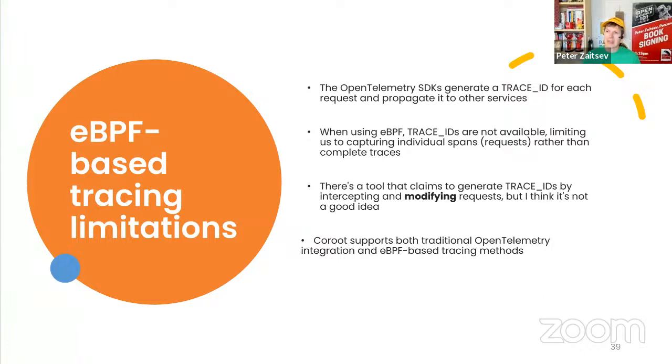Now, it is to be noted that eBPF-based tracing comes with its limitations. It doesn't have that trace ID, but it's still very useful. And with Coroot, we took an approach supporting both traditional OpenTelemetry integration as well as the eBPF tracing method.